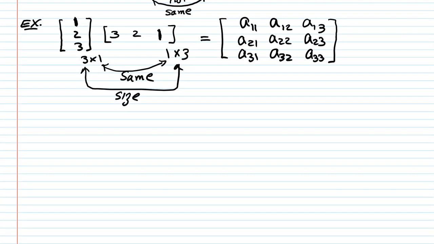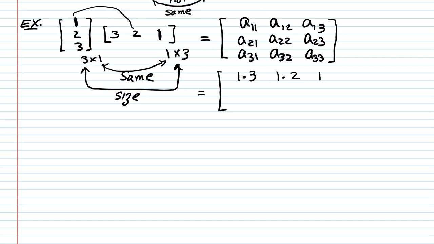So let's begin with first row, first column. Well, remember, that's when you multiply the element in the first row of the first matrix by the element in the first column of the second matrix. So this is going to be 1 times 3, because there's only one element there. Done with that one. A12, first row, second column now: 1 by 2.